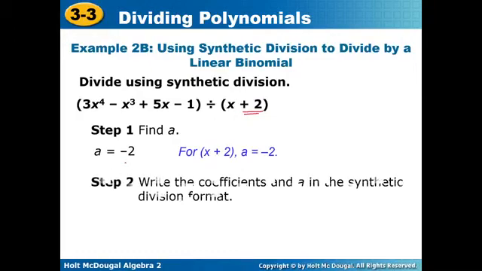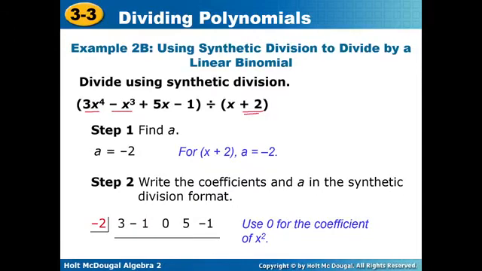So writing the coefficients: for x raised to 4, it's 3. For x cubed, it's negative 1. Do we have x squared? For x squared, we need to write 0 as the coefficient, since there is no x squared in our given.